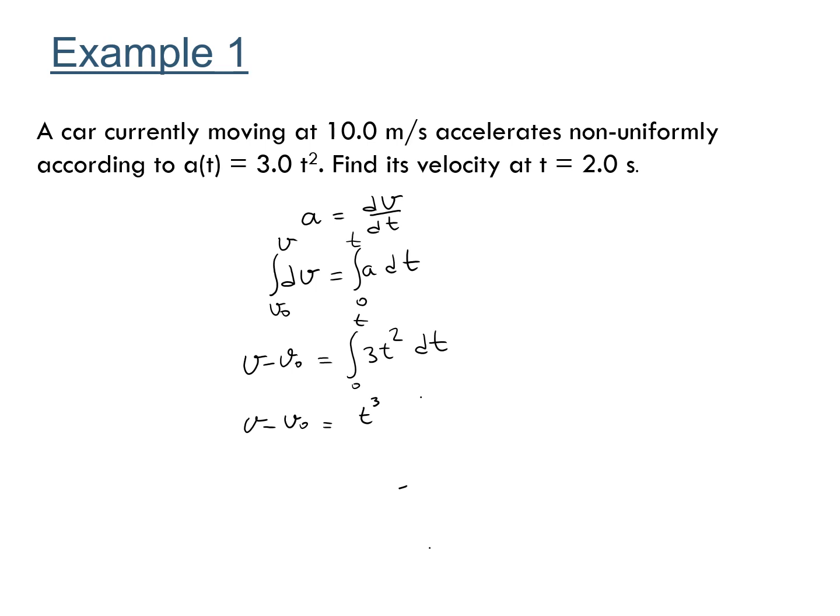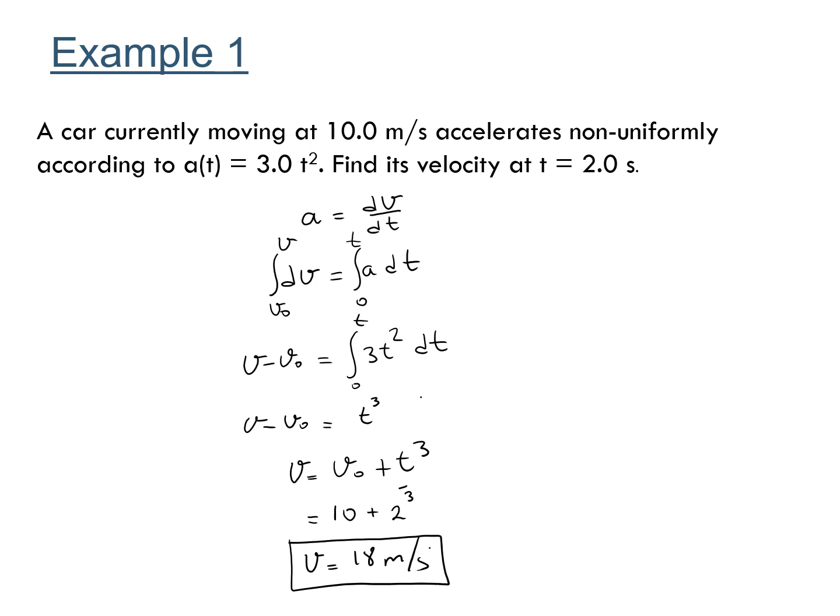Okay, rearranging all this, final velocity is equal to original velocity plus t cubed, and original velocity is 10 and time is 2 seconds cubed, so final velocity will be equal to 18 meters per second. There you have it.